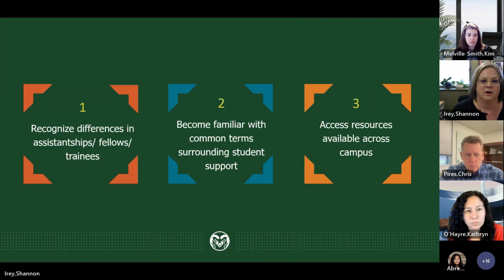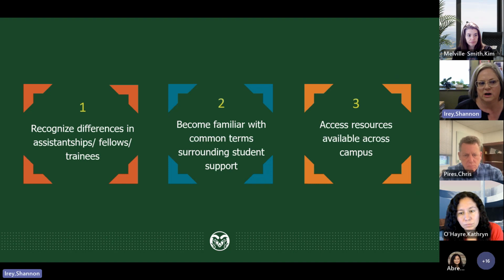So again, today we want to talk about getting to know some differences in terms, different types of students, graduate students mainly, that go onto our sponsored projects. We want to become familiar with terms that surround student support. We always use these a lot and just kind of throw them out and assume that everyone knows what this means.